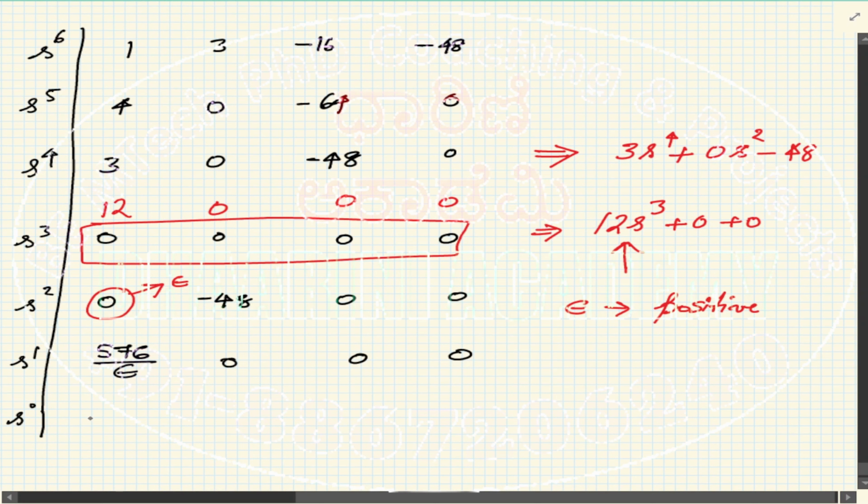So 48 comes, I guess, minus 48. So we have to find out the total sign changes now.